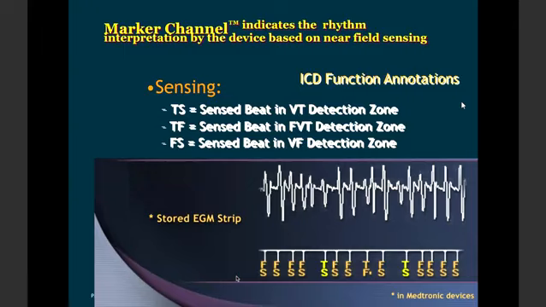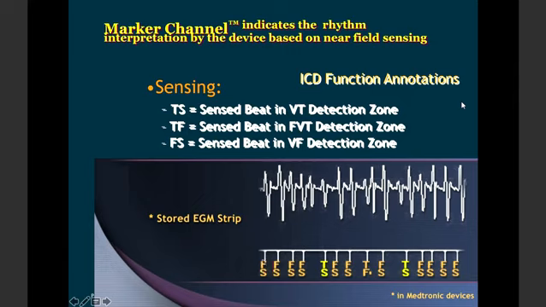If you look at this, this is the EGM or the electrogram of a ventricular single chamber ICD. You can see rapid activity going on. The marker channel tells you how the device interprets each signal. How does it interpret? It goes by the cycle length or the interval between the consecutive sensed beats.